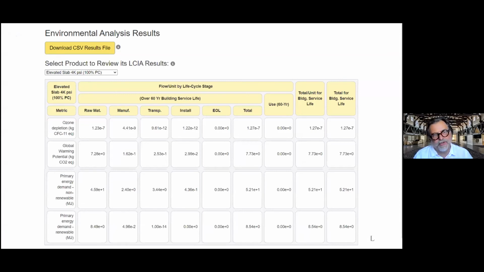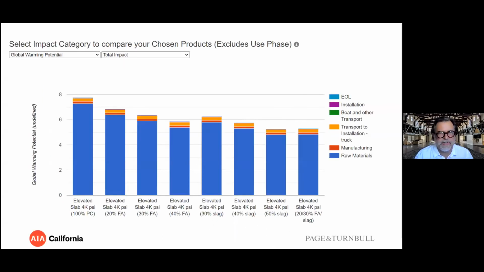Anyway, this is some of the output from BEES. It's got the similar categories from life cycle analysis, but it's got the global warming potential, so I can compare. This is for concrete, and it's allowing me to compare different types of concrete construction. One of the reasons I like BEES is it shows me the different parts that go into the analysis.